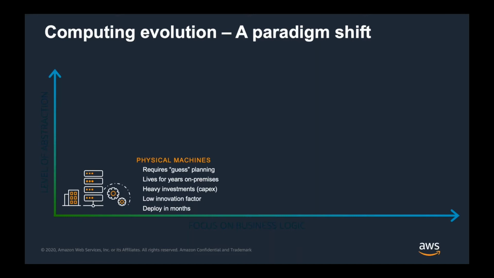Think of making a new service or a new application, which means building a new team to build, operate, and maintain that new application. You need to renew the hardware regularly to keep up with the pace. And then, of course, you have an upfront capital expenditure before you can do any innovation.